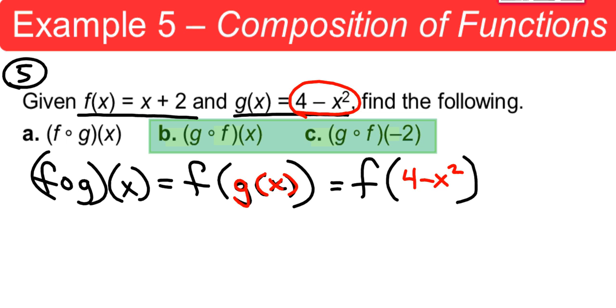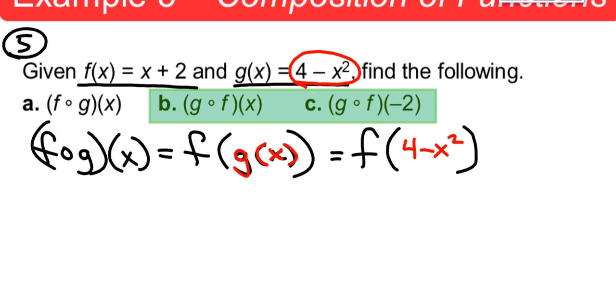And just kind of write that. And actually, for some reason, I go over and then I go down. So now I'm going to take this f rule and I'm going to put all that right here in place of that x. So I'm going to write that is equal to x plus 2.